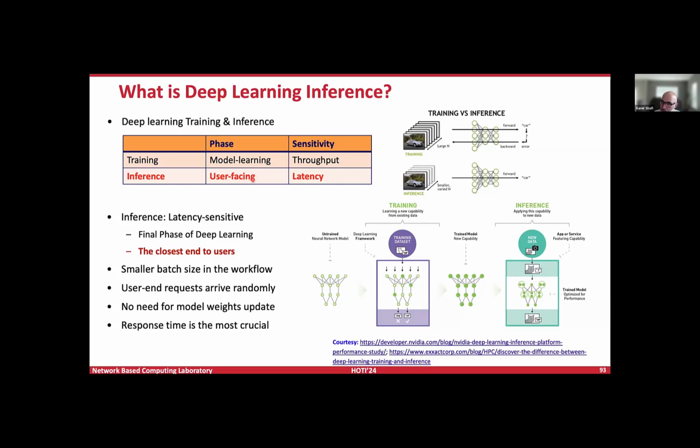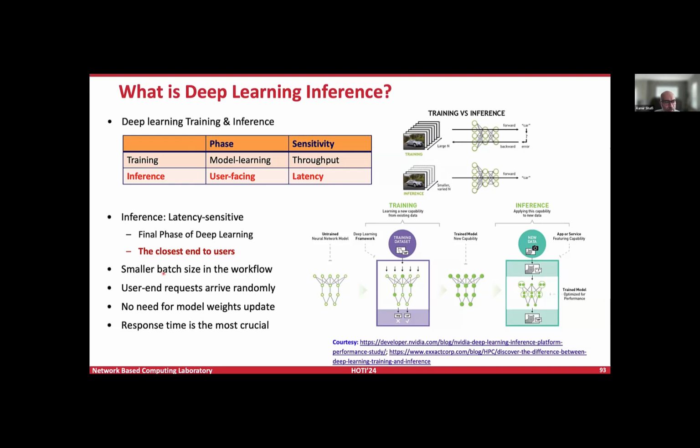We just send it a query, and we expect it to respond in a timely fashion. So in this context, latency, or responsiveness back to the user, is an important metric for inference workloads. And this is closest to the user.